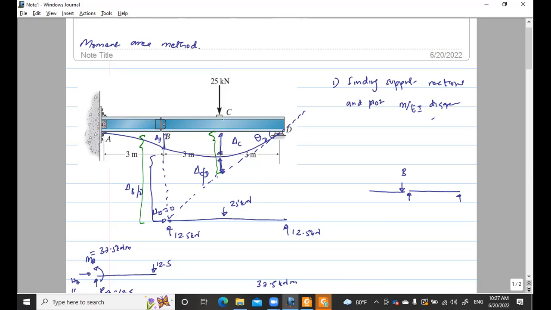Because this problem stays fresh in your memory for the next couple of hours, when we do this using the conjugate beam method, we will see its advantage. Once we finish the conjugate beam method, then we move to statically indeterminate structures. Okay, so let us stop here, and I'll see you at 1:30.